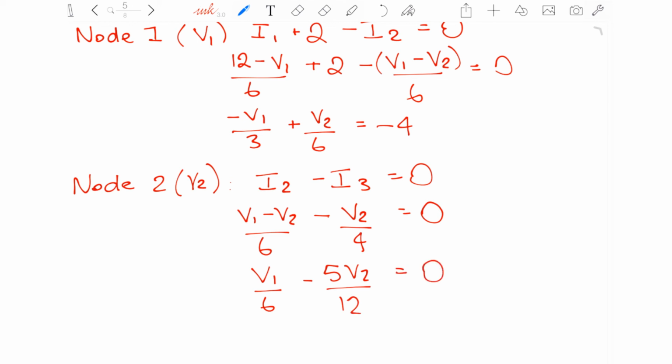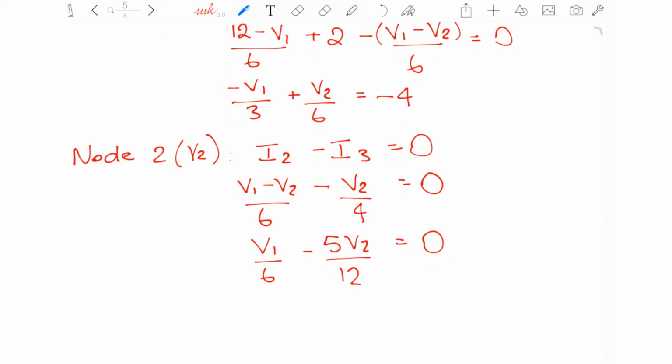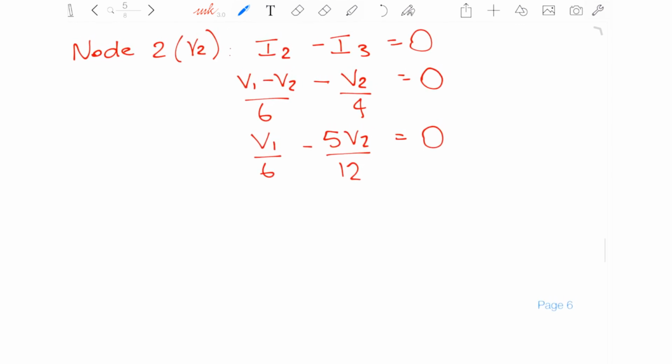And to calculate the voltages V1 and V2, you use Cramer's rule. Once using Cramer's rule, you will be able to find that V1 is equal to 15 volts and V2 is equal to 6 volts.